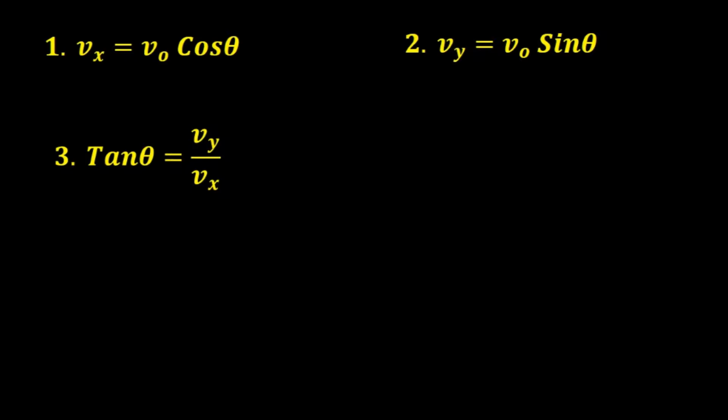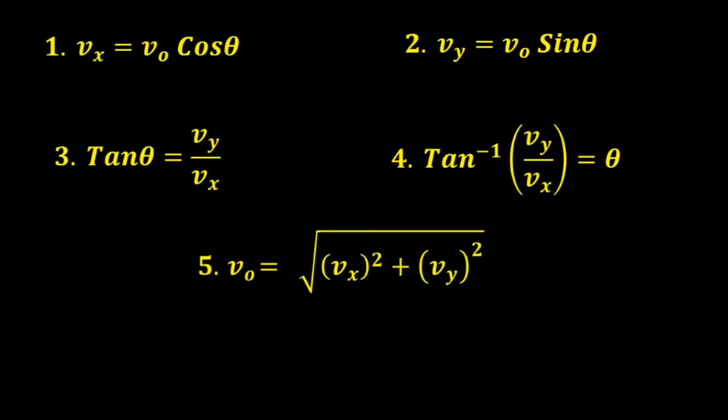If you're given Vy and Vx, you know that tangent theta equals Vy over Vx, and you could determine the angle by arc tangent Vy over Vx equals theta. If you know Vx and Vy, V naught would be the square root of the sum of the squares, Vx squared plus Vy squared.